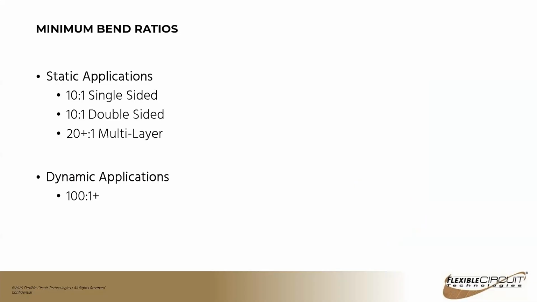So if it was a 4 mil thick circuit, you would be looking at a 40 thousandths bend radius, or 1 millimeter. That would increase to 20:1 for a multilayer circuit. And for dynamically bending applications, the recommendation is 100:1.